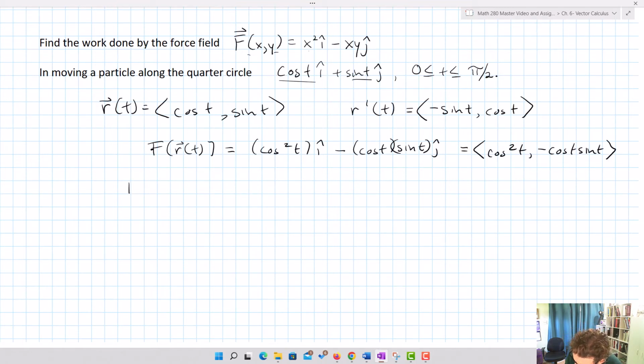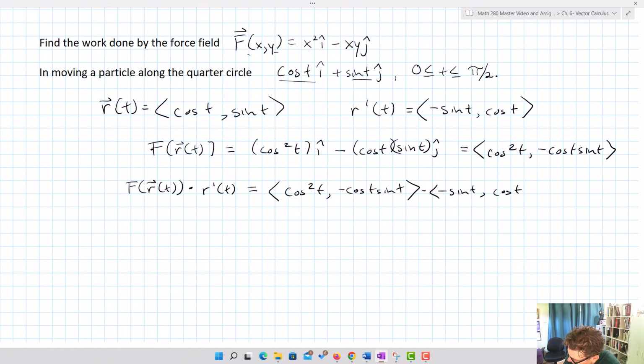Now we'll take the dot product, F of R of t dotted with R prime of t, and that ends up equaling cosine squared t, negative cosine t sine t, dotted with negative sine t, comma cosine t.